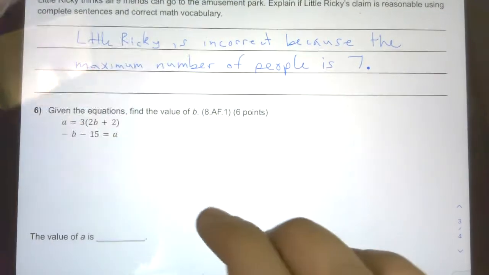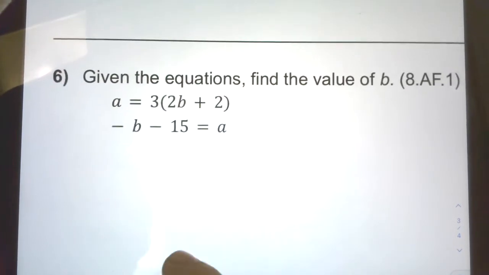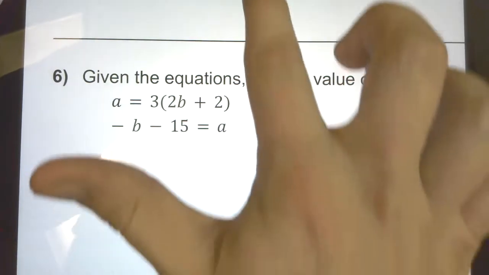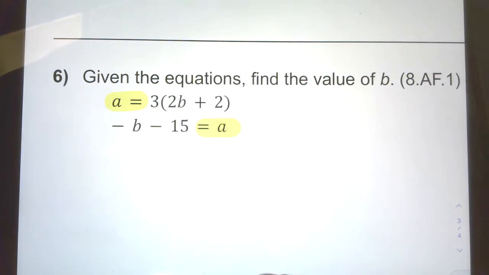Okay. Last one says, given the equations, find the value of b. You love these problems. Okay. One thing that I want to point out here: A equals, A equals. Okay?